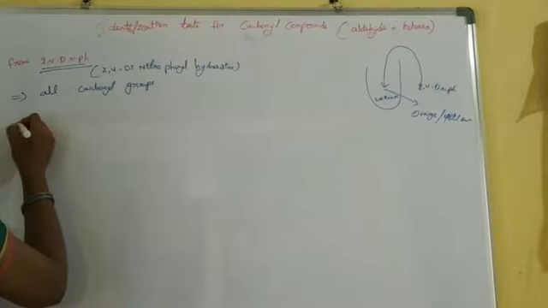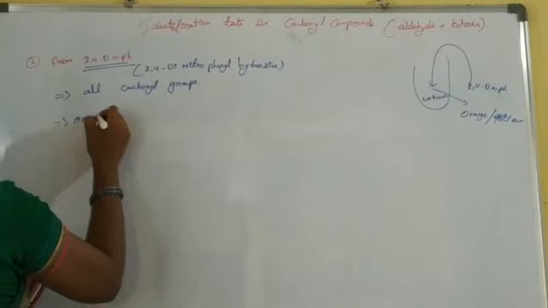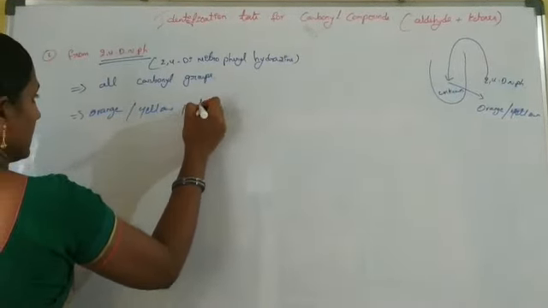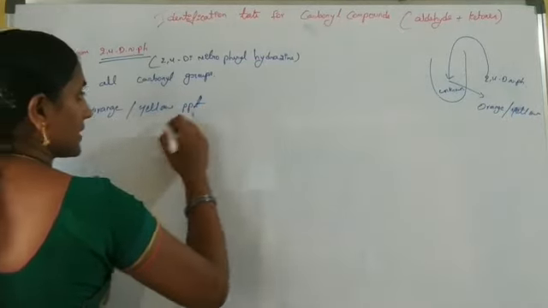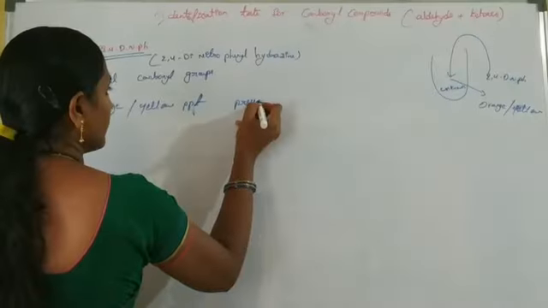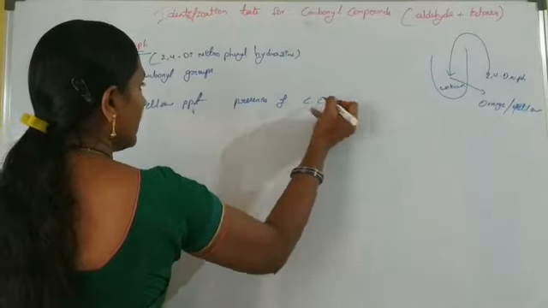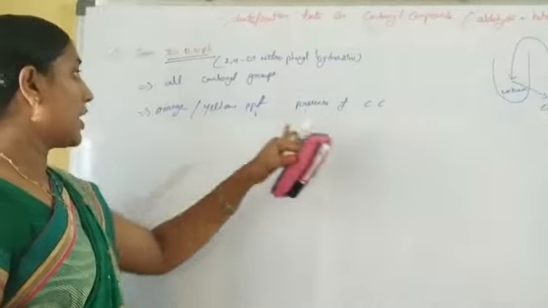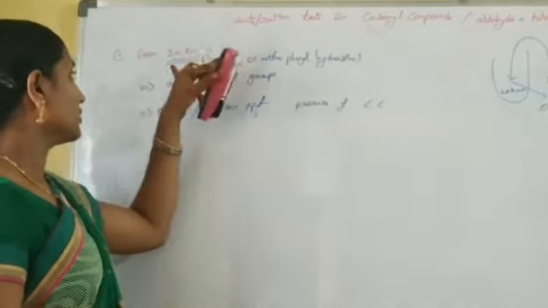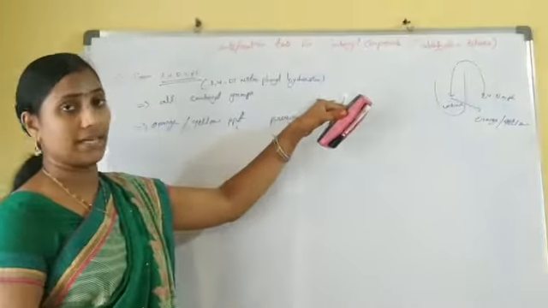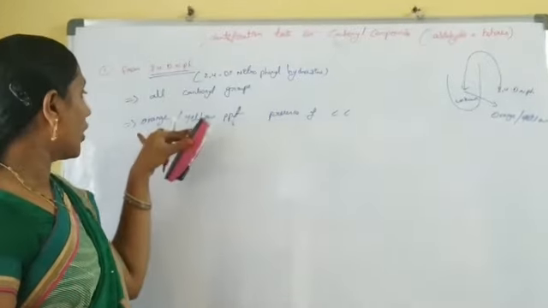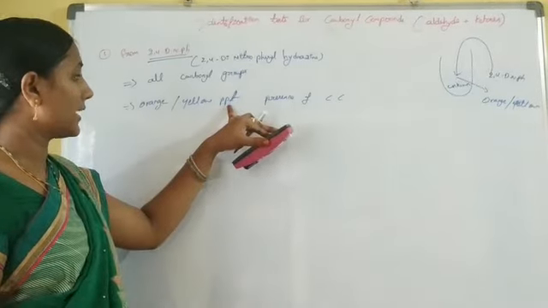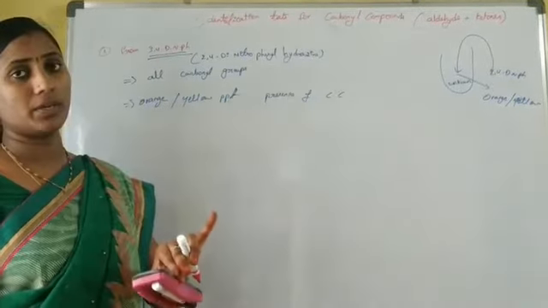That orange or yellow precipitate is indicating the presence of a carbonyl functional group. Now listen, when this carbonyl functional group is treated with 2,4-dinitrophenyl hydrazine, we observe an orange or yellow precipitate, indicating the presence of a carbonyl compound.